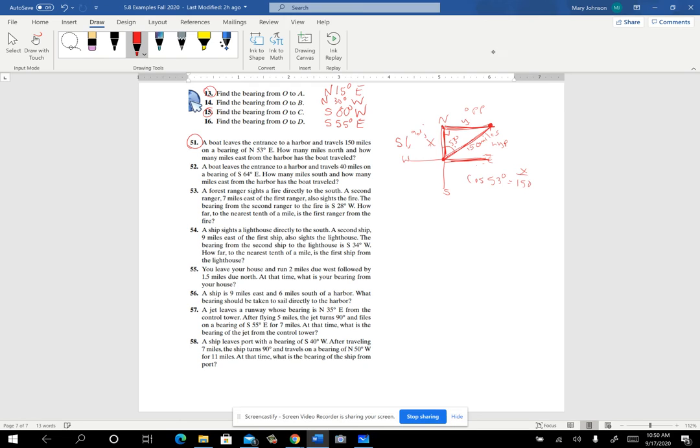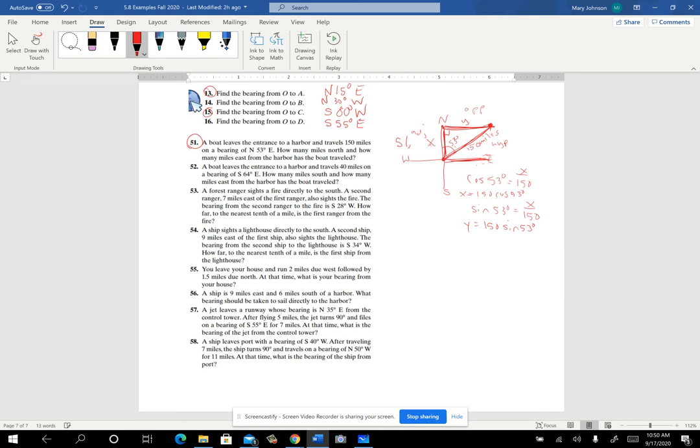And then to do the other one, the y, I would just use sine. And so then for x, you would just do 150 cosine 53. And for y, you would do 150 sine 53.